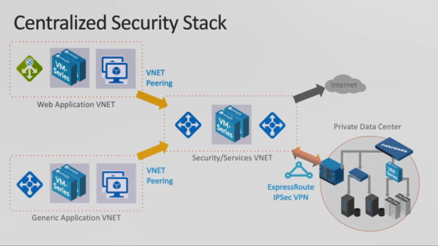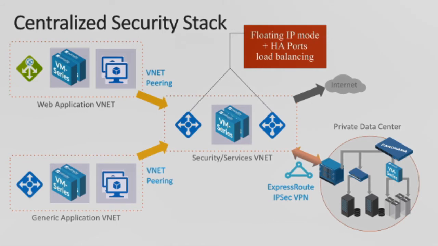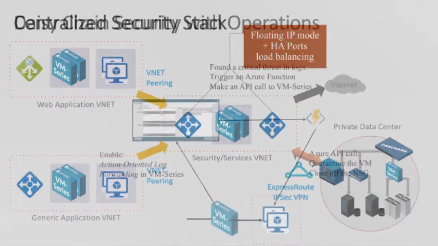Each of them has the same exact policy that is suited for that application. And that gives you the flexibility that you're not managing individual firewalls. All you're doing is adding or removing capacity. When that firewall comes up, it's going to talk to the management server, get its policy, and operate just like a cookie cutter firewall. That's the cloud scale out idea. And this is enabled by that floating IP and HA ports feature of Azure.